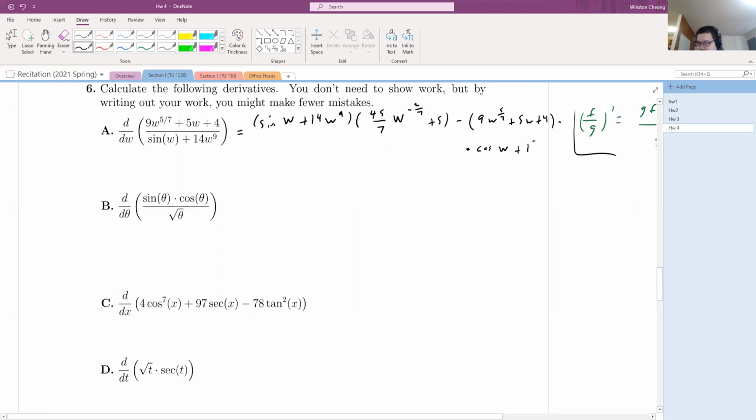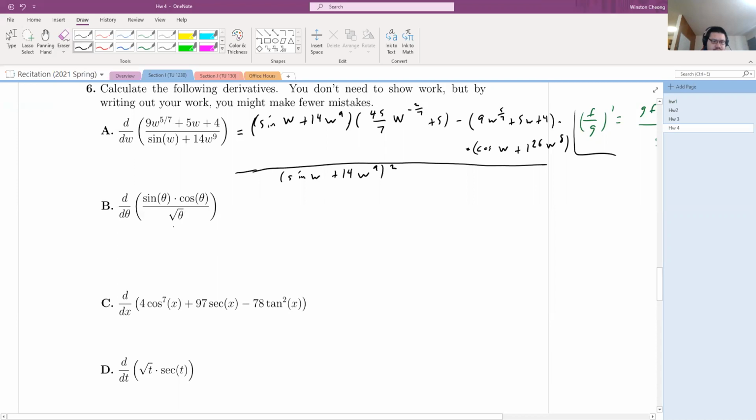So plus 126 w to the 8th. And it's both of these things together. Okay. And then this is all divided by the denominator squared. So that's the sine w plus 14 w to the 9th, all squared. Okay. So that is A.